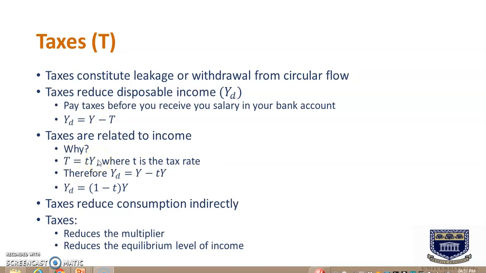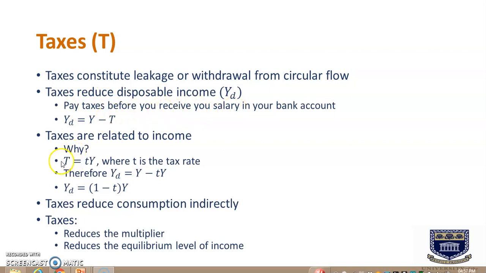So, if we do a little bit of manipulation, we can see that disposable income YD was given by income minus tax. Of course, we have to pay tax before we receive our salary in our bank account.